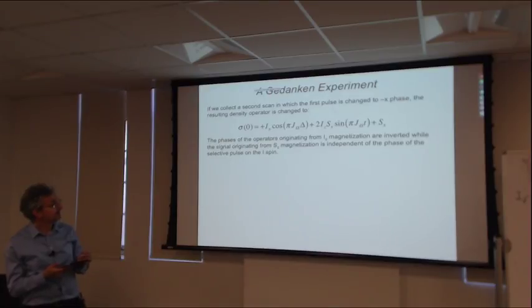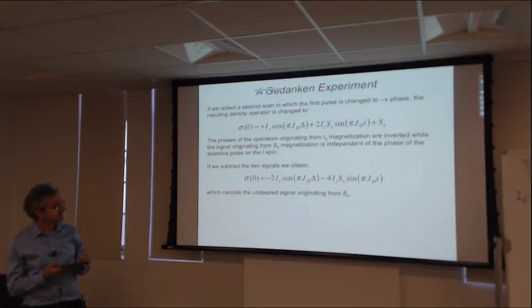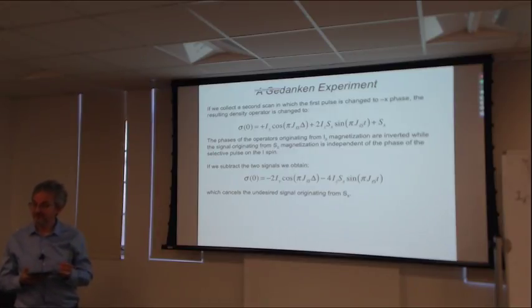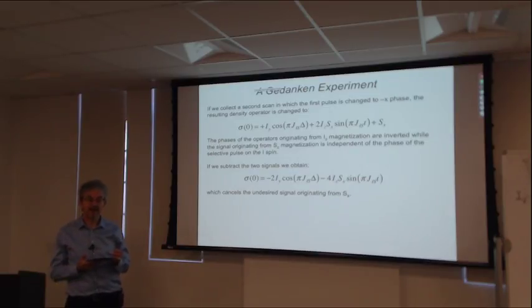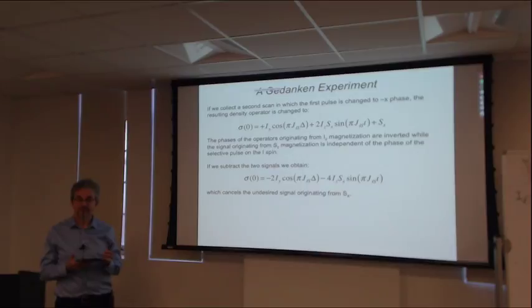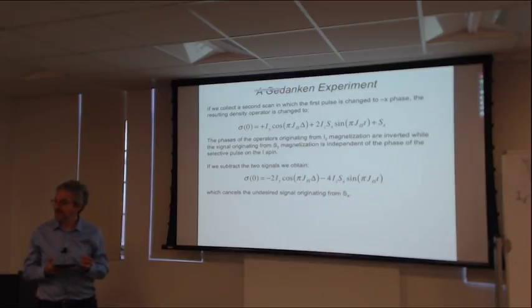And I end up with now this resulting signal. And if I subtract the two, I have this. I inverted the initial Y magnetization. So my ultimate signal, everything that started on the I spin ended up inverted. And when I subtract, they add together constructively.